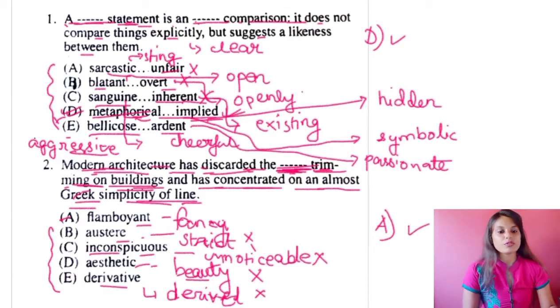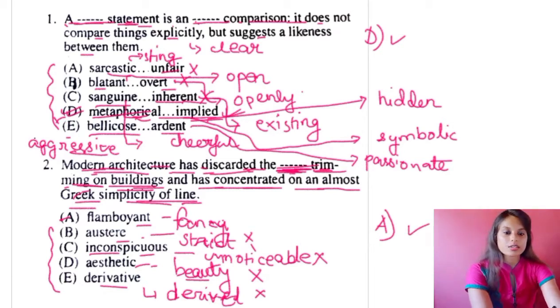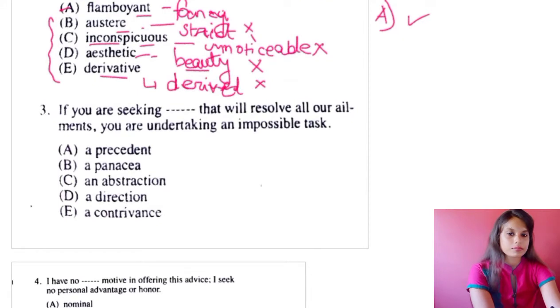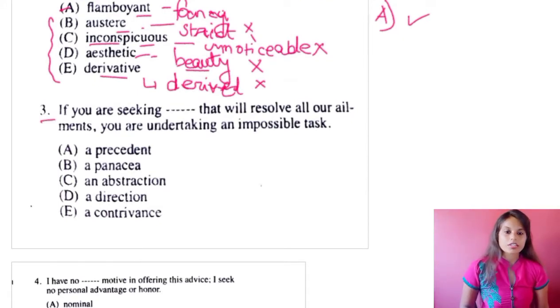Okay, let us move over to the next question, that is question number 3. Question number 3 says, if you are seeking dash that will resolve all our ailments, then you are undertaking an impossible task.